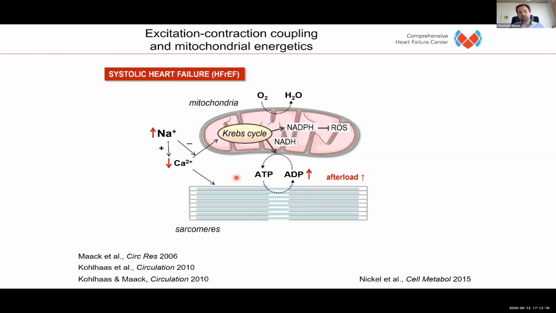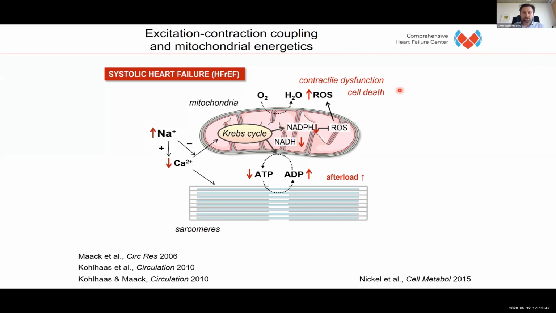So here you have now a mismatch where less calcium and more workload lead to less NADH, which can contribute to less efficient ATP production, and especially also an oxidation of NADPH, which can lead to the emission of reactive oxygen species. And this oxidative stress plays a causal role in the development of contractile dysfunction and also cell death through necrosis or apoptosis.